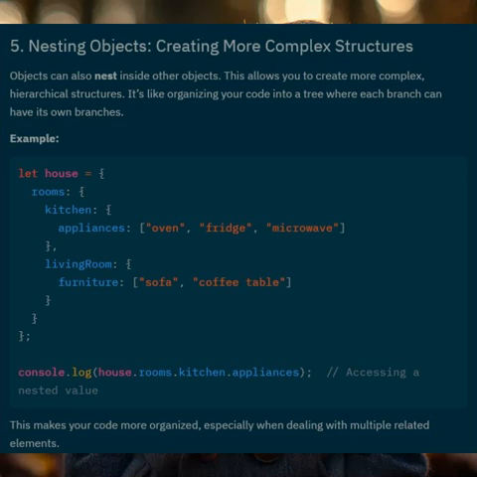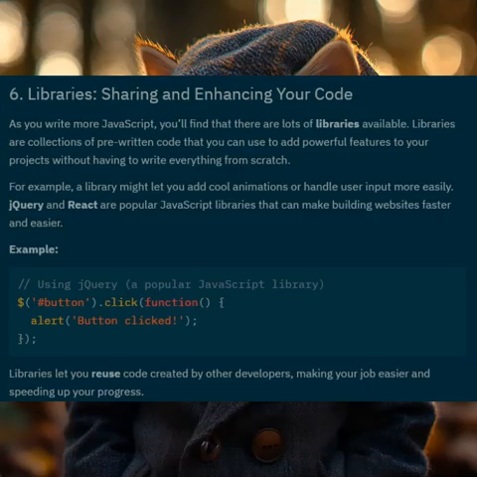Layer 6. Libraries, sharing and enhancing your code. As you write more JavaScript, you'll find that there are lots of libraries available and that you can publish your own. Libraries are collections of pre-written code that you can use to add powerful new features to your project without having to write everything from scratch.